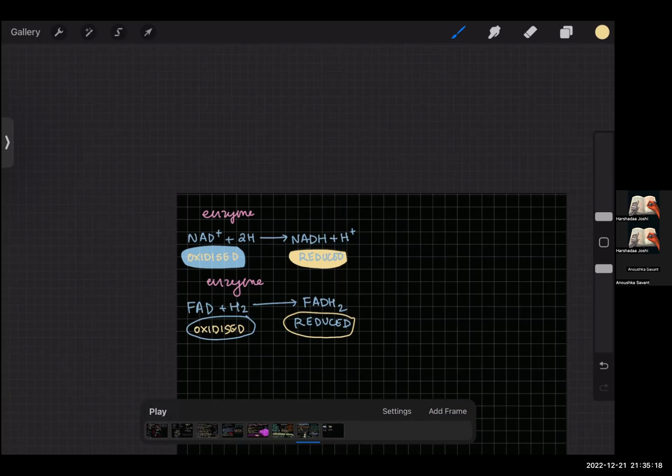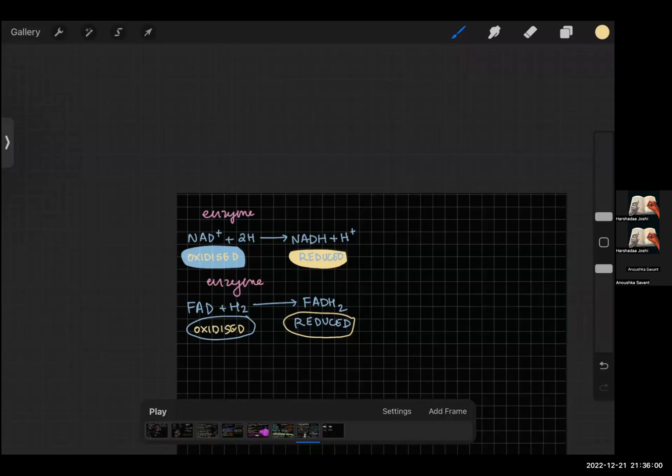The reduced form of NAD and FAD can be written as NADH, or you can also write it as NAD reduced. Whenever you have these reduced molecules, you are going to be able to use these for a series of reactions. But your coenzymes NAD, FAD, and NADP are all going to function as hydrogen carriers, which when they are reduced are going to have that one hydrogen atom, and if they are oxidized, they're going to lose that hydrogen atom.